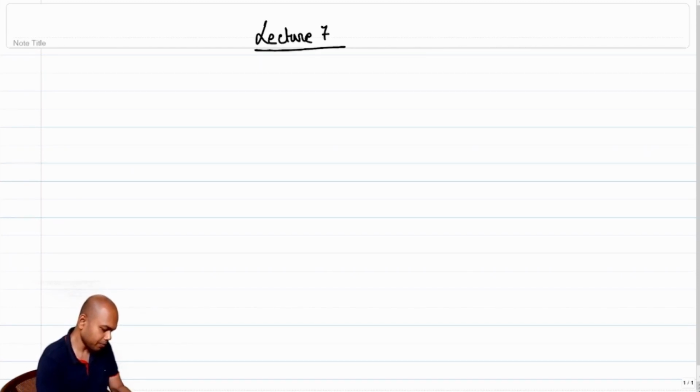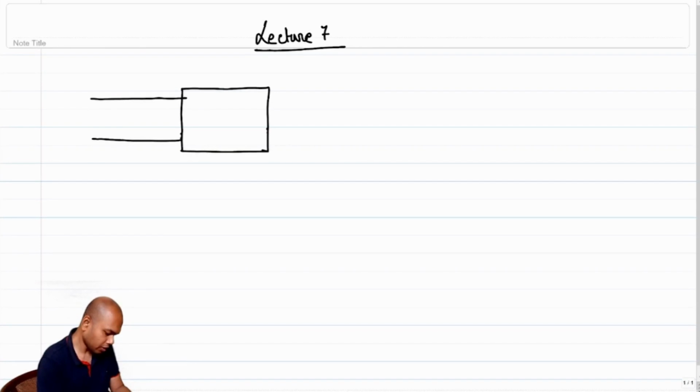A quick recap: we took a two-port network, a generalized nonlinear two-port.